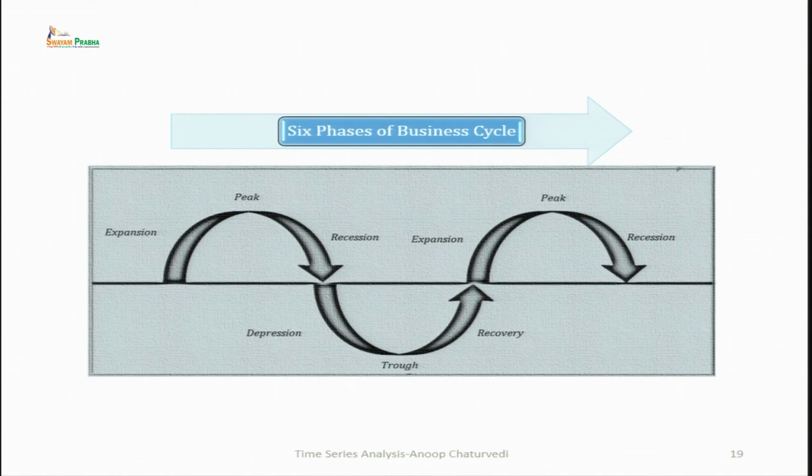So, these are the 6 phases of the business cycle. In every business you observe this kind of cyclical variation. You observe an expansion period, then it reaches its peak, then you observe a recession period, a depression period, it reaches its minimum trough, then again it starts recovering.